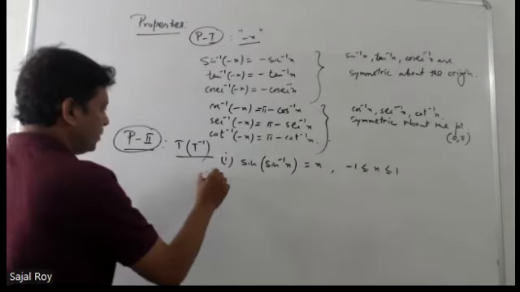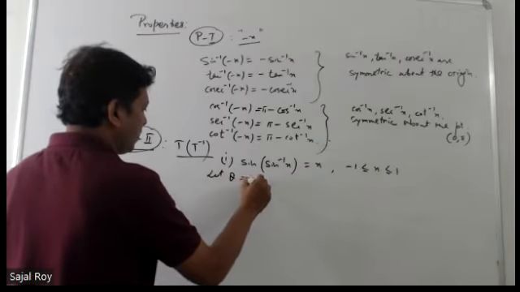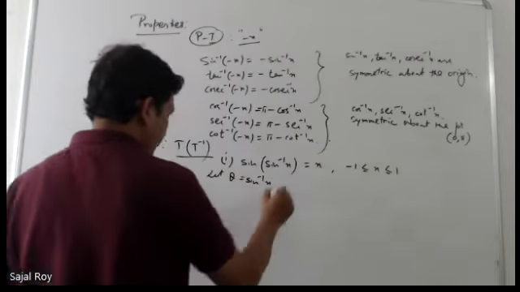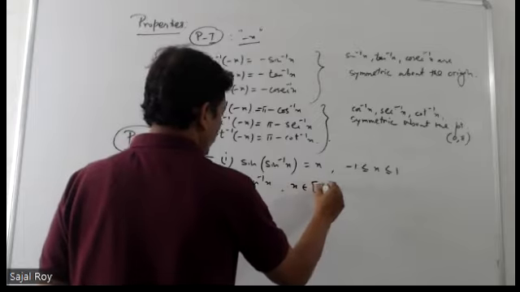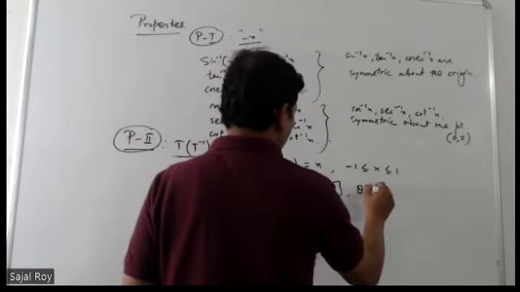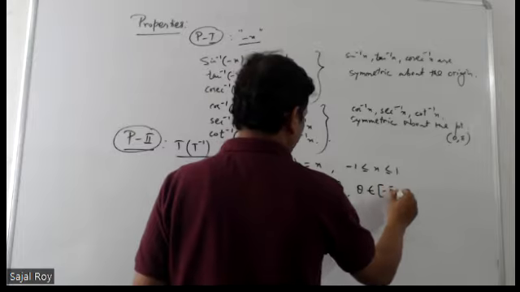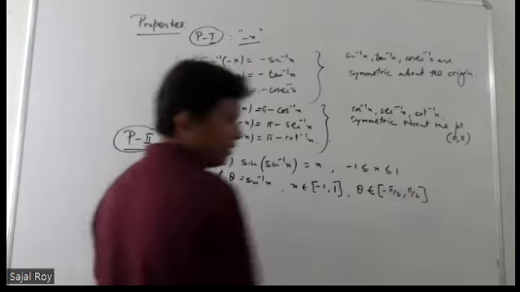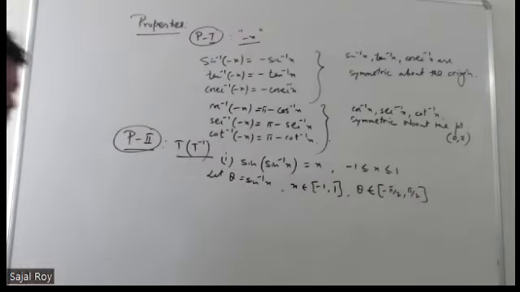Very simple. Let theta equal to sine inverse x. X belongs to -1 to 1 and theta belongs to -π/2 to π/2. Right? Is that clear?